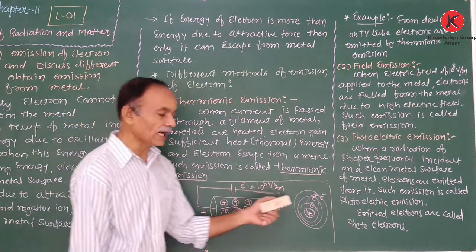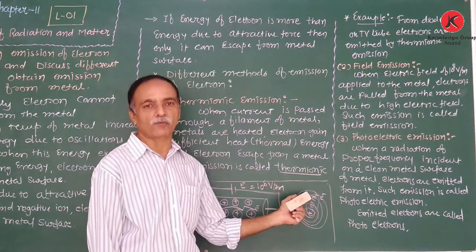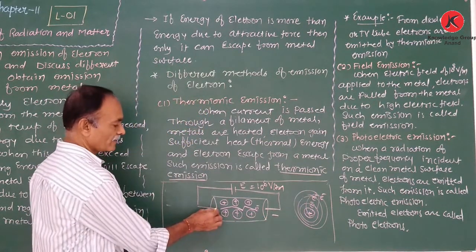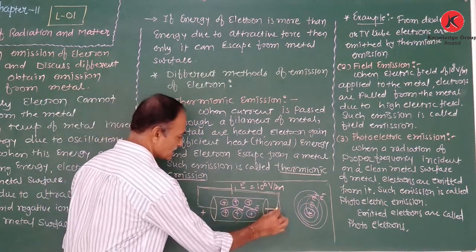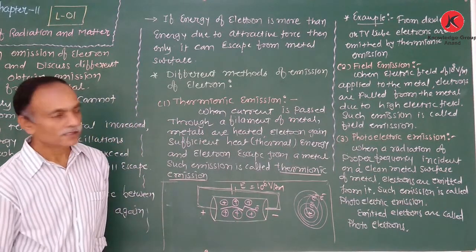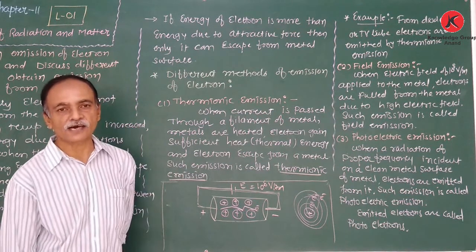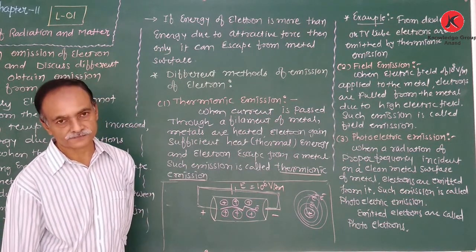Therefore, the electrons are pulled from these covalent bonds. As a result, flow of electrons takes place in the circuit. So this phenomenon is known as the field emission.